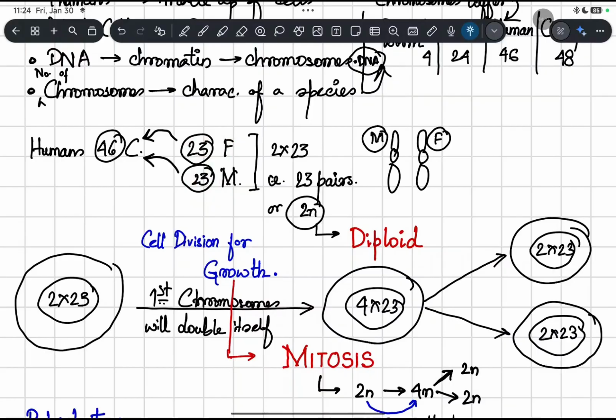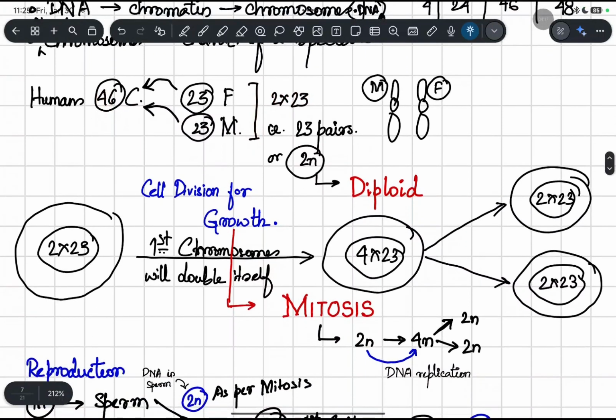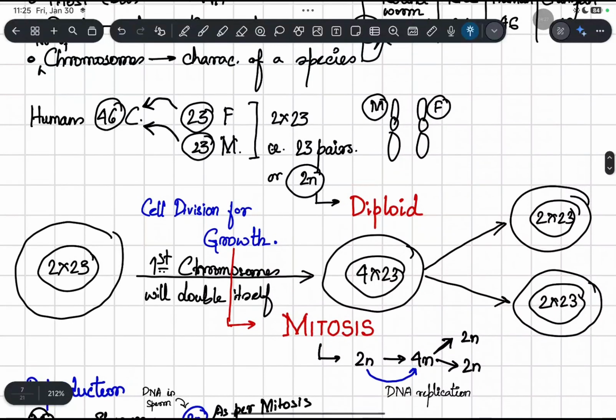So these 46 chromosomes can also be written as 2 into 23, or 23 pairs, or 2n. This 2n configuration of DNA is also known as diploid. So we have 46 chromosomes, 23 pairs, that is 2n, the diploid configuration.